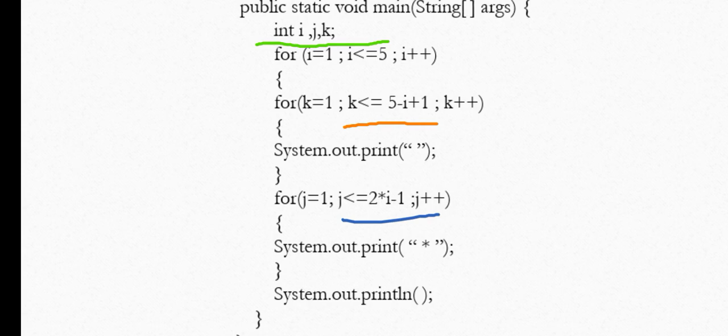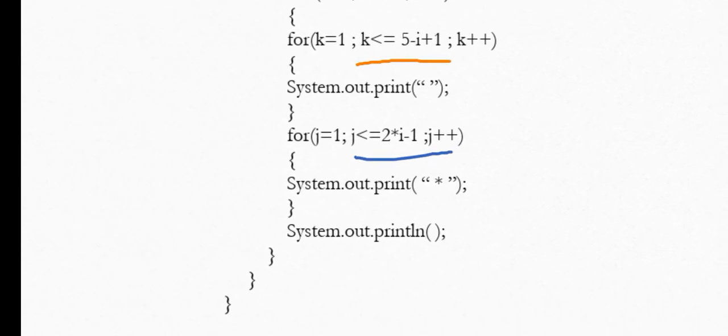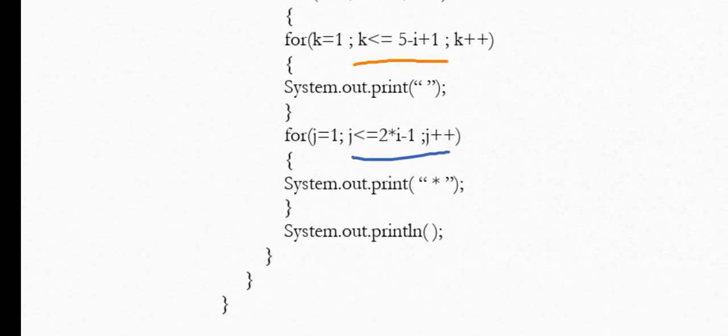Next, for the stars, our main program is writing the stars. j equals 1, the first star is printed, and then j less than or equals 2 into I minus 1, j plus plus. Now what you print is a star. If you use println, the next line, then the stars will be printed row by row, so it is wrong. You need to just give the print statement.